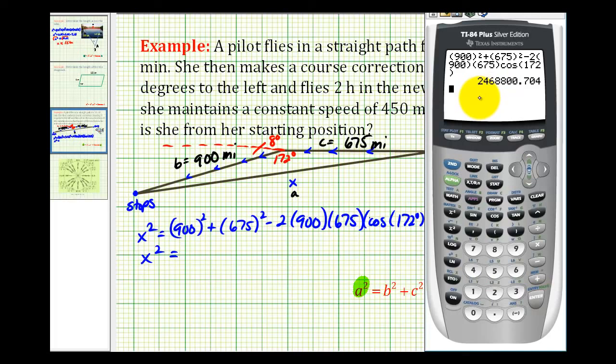Now remember, this is x squared, so we have x squared equals 2,468,800. Let's just call it 0.7.